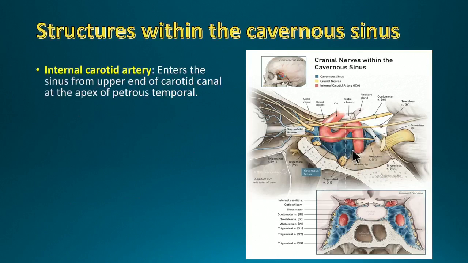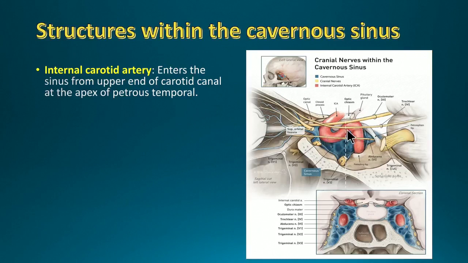So the internal carotid artery, from the carotid canal, enters via the posterior part of foramen lacerum, and then it is present in the carotid sulcus, a groove on the lateral wall of the body of the sphenoid bone.